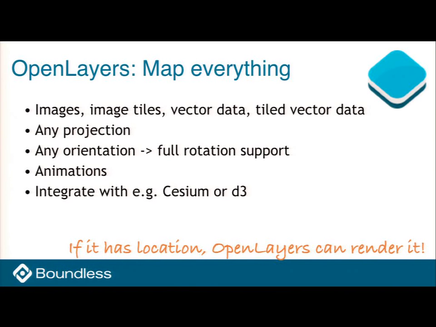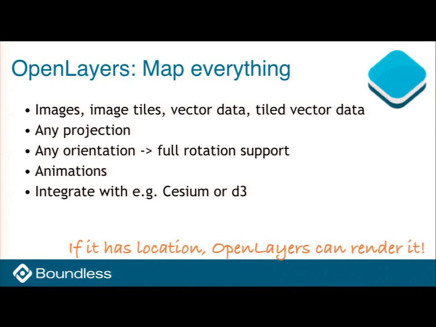You can render image tiles like the ones you get from commercial map providers like Bing or Here, or free ones like OpenStreetMap, basically anything that is organized in a tile grid. You can render vector data in all common formats like GeoJSON, KML, GPX. And what's quite new since last fall is you can render tile vector data. And this is what we're going to focus on today.